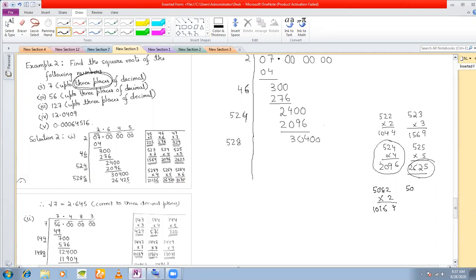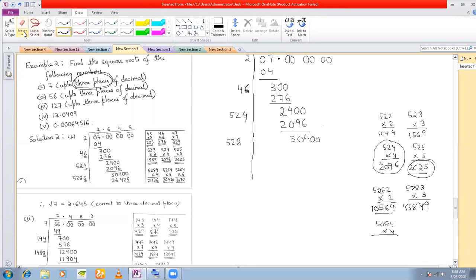We'll try the next digit, 3. 5283 into 3 is 15,849. Again way less than 30,400.